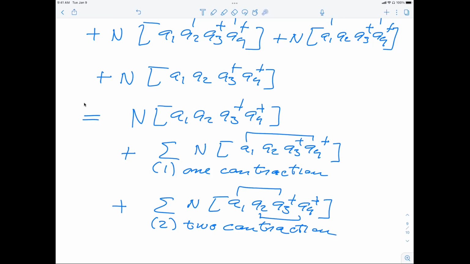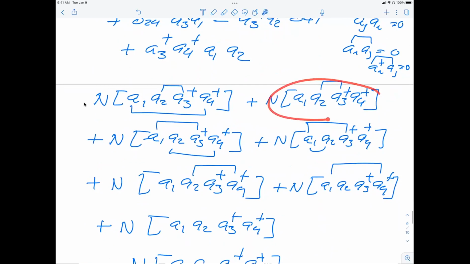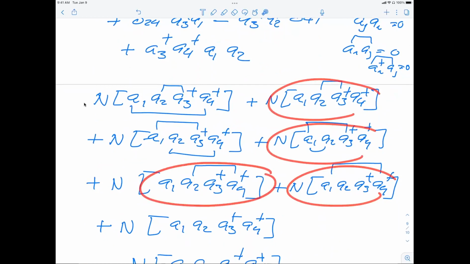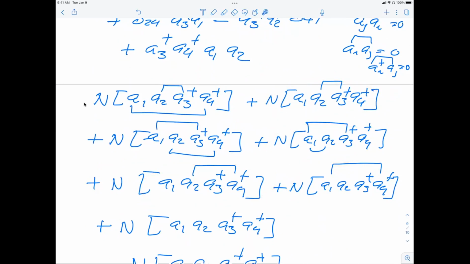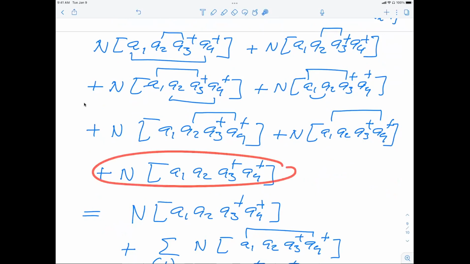So this term which you see here is actually what we had here and here. The 1 contraction guys are all these guys here. And you see that I've looked at all the possibilities which can be made. And finally, you have the final normal order product.